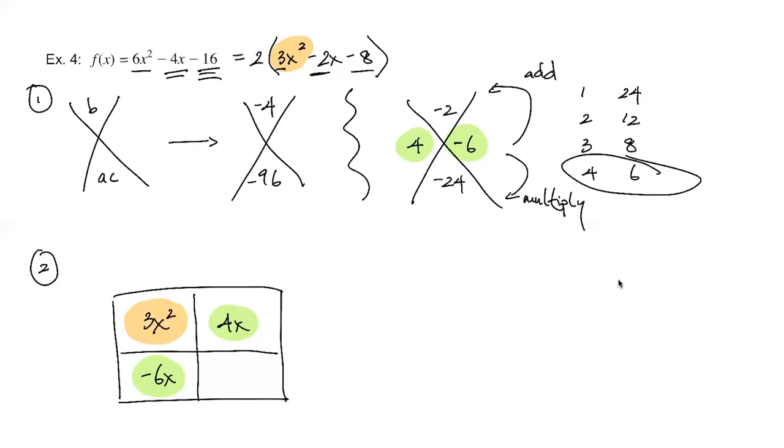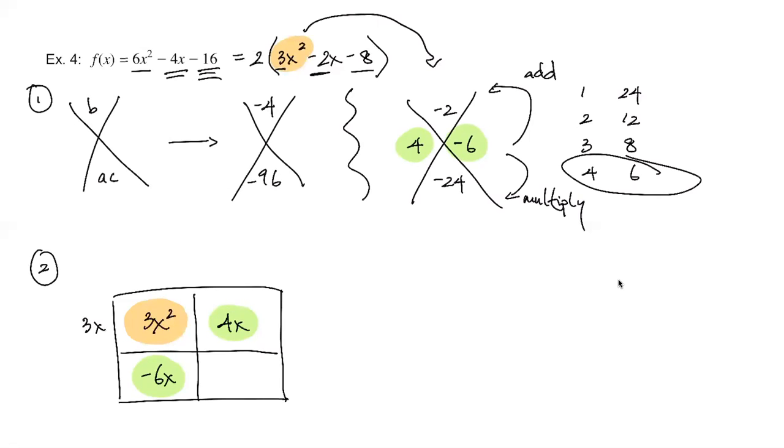Now I went back to the 3x squared because that's what I used to create this, okay? If I worked it through with the -4 and the -96, I would have to use 6x squared to start with. Okay, so let's think of ways that we can multiply to make 3x squared. Well, we could do 3x and x.